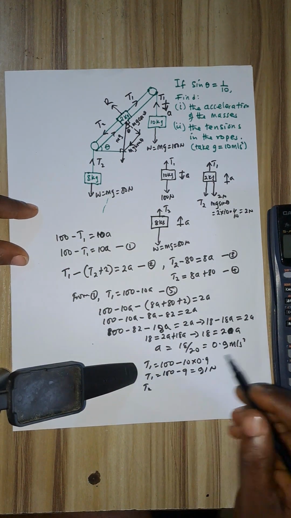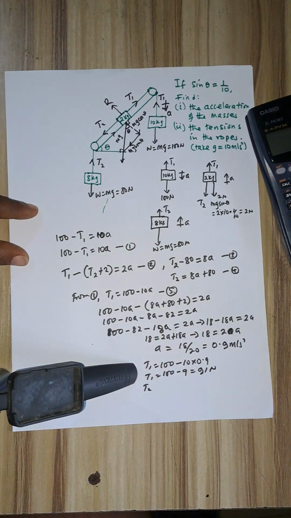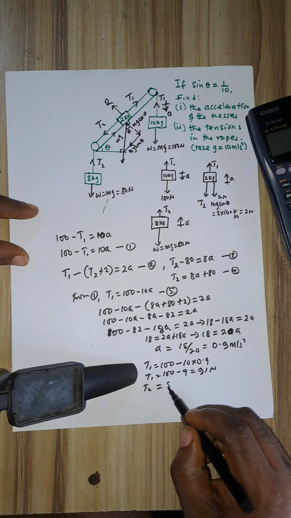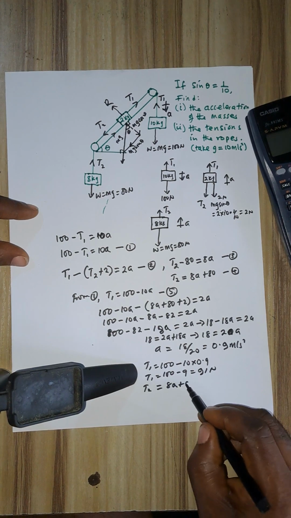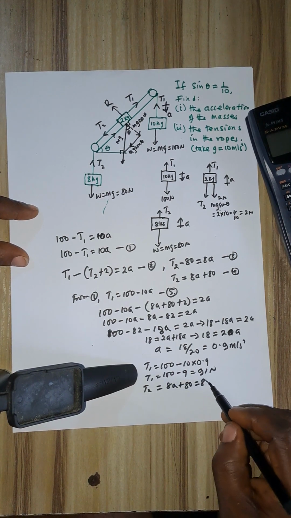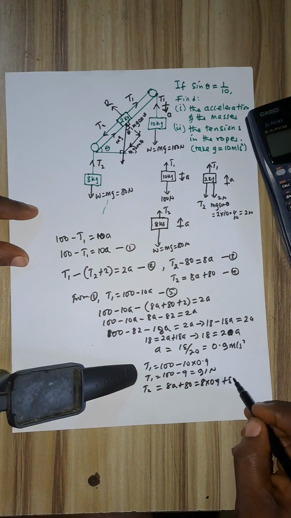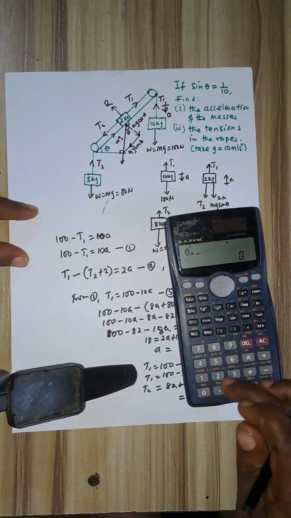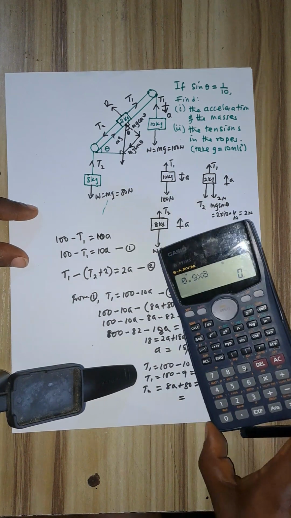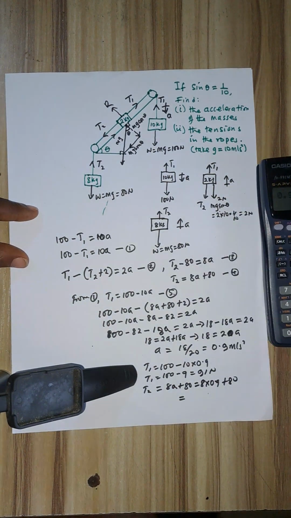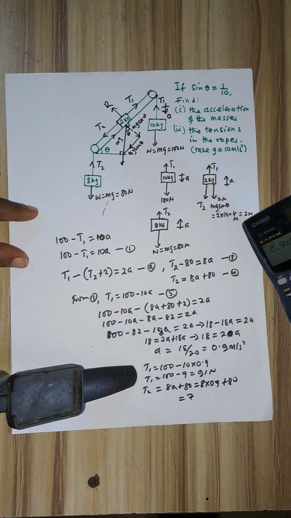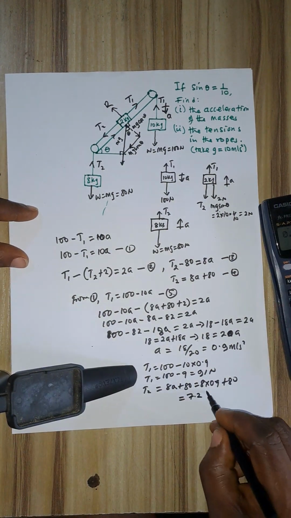Then T2 from equation 4 is 8a plus 80, which is 8 times 0.9, which is 7.2, plus 80.